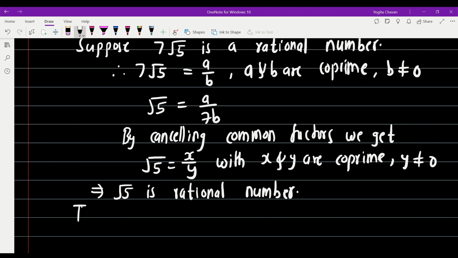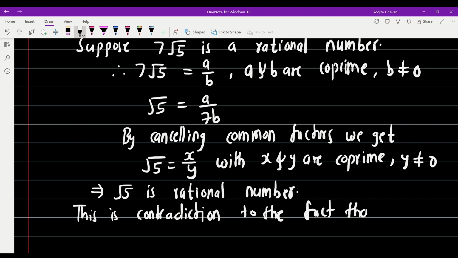So this is a contradiction to the fact that root 5 is irrational.